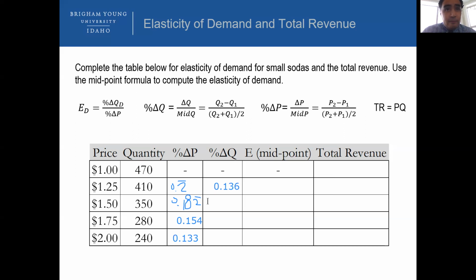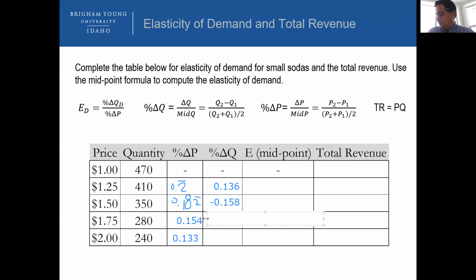Here we have 350 minus 410, that's negative 60. And take the average of the two, that's 380. So that's going to be negative 0.158 or negative 15.8%. 280 minus 350, that's negative 70. And the midpoint, you add 35 to the bottom one, that's going to be 315.